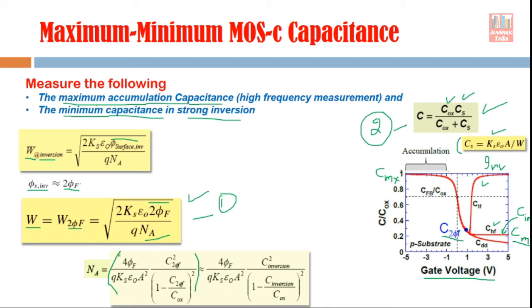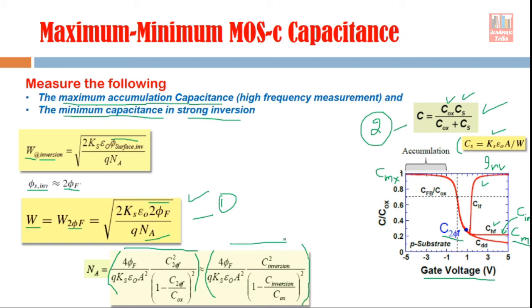Anyway, I hope that now you have sufficient information and the equation which you can use to find NA, the acceptor type doping impurity present in the semiconductor, either using this component or using this component. So there are 2 possibilities, but most of the time we prefer this second block.